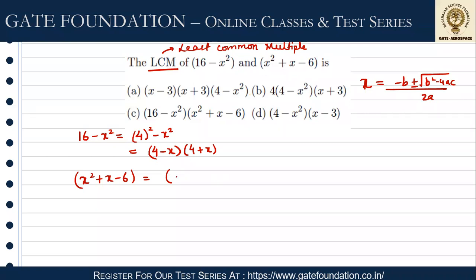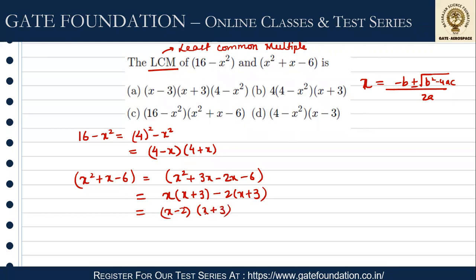Either you can use this formula, or in most cases we just split the middle term. So I'll split the middle term. Is it possible to split the middle term? Plus 3x minus 2x minus 6. Simple. So you get x plus 3 minus 2 times x plus 3, which will become x minus 2 and x plus 3.